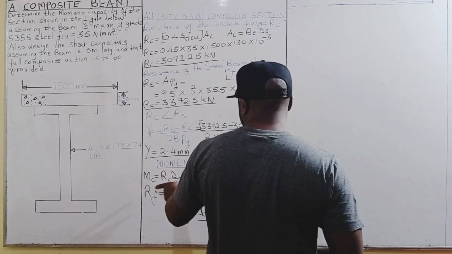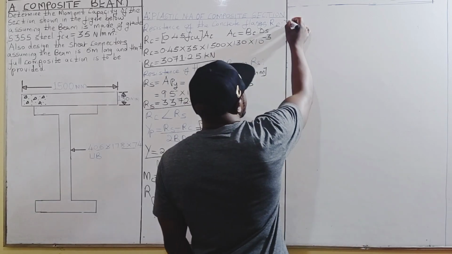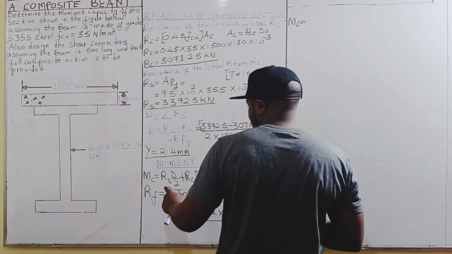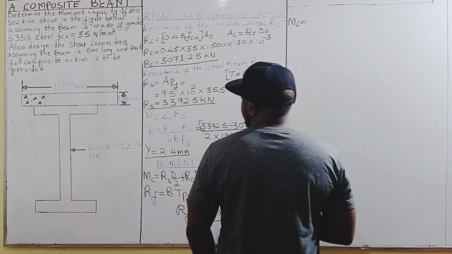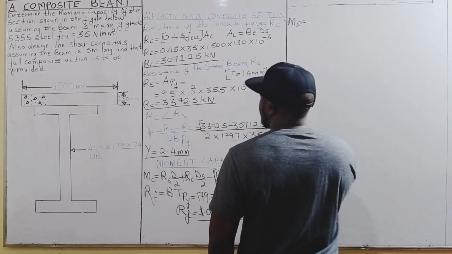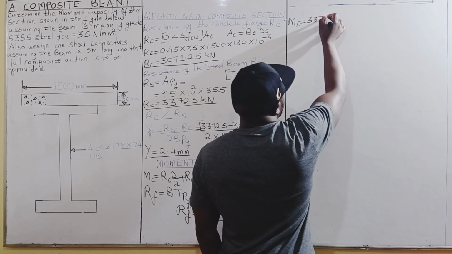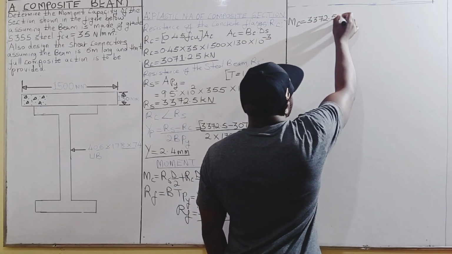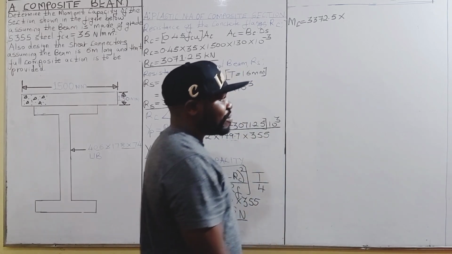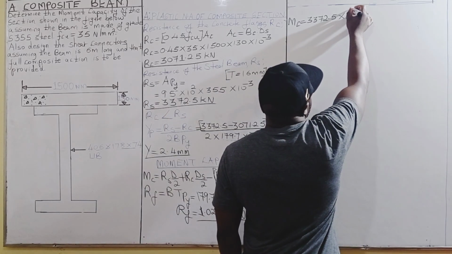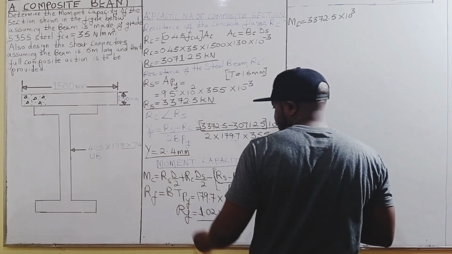Therefore, we can now calculate the moment capacity, and in this case, MC, moment capacity, will be equal to RS, which is 3372.5 kilonewtons. We convert it to newtons, we multiply it by 1,000, therefore times 10 raised to the power of 3.